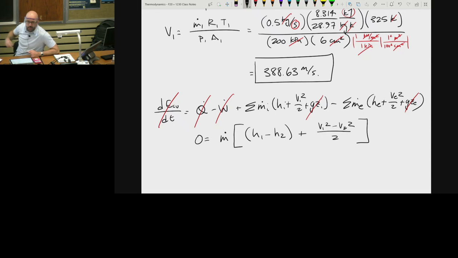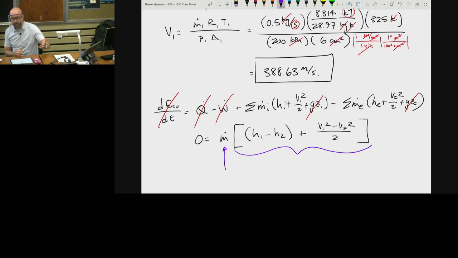Now this equation tells us something. It tells us that either my mass flow rate has to equal 0 or everything in the brackets has to equal 0. One of those two things has to occur. And we know mass flow rate's not going to equal 0. There's going to be some mass flow rate coming through here. So that means what's in the square brackets has to be equal to 0.